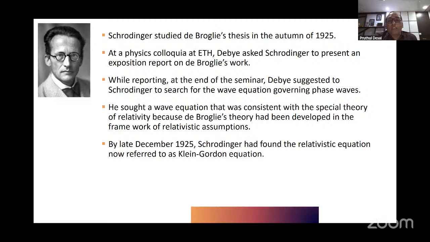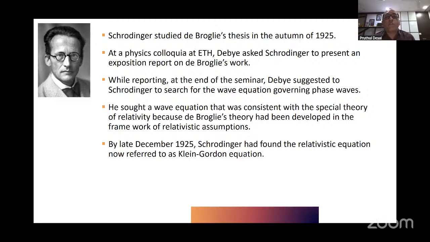So if there are waves associated with a particle, then Debye was suggesting that there has to be a wave equation which these waves must be obeying. That triggered his imagination. In fact, he started looking for a wave equation on the suggestion of Debye.